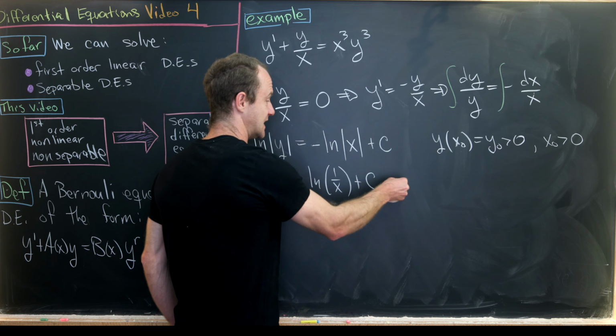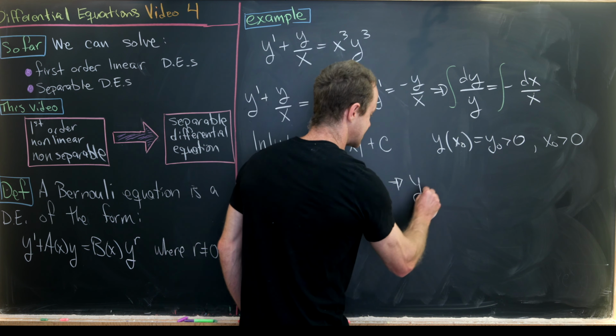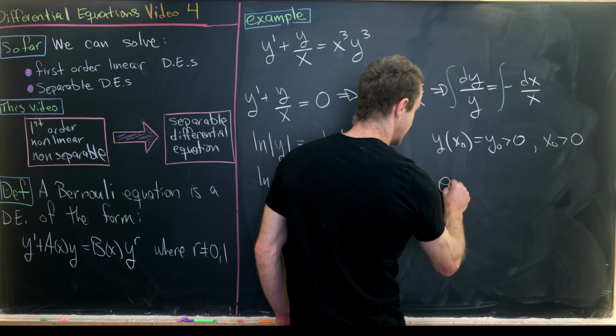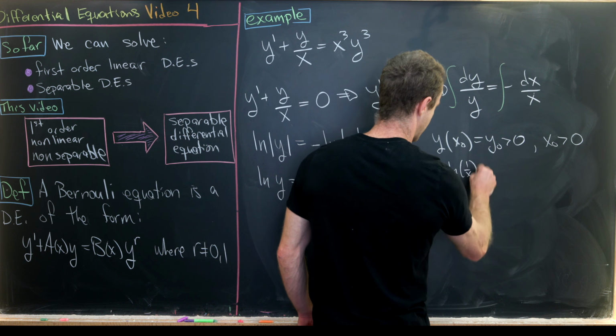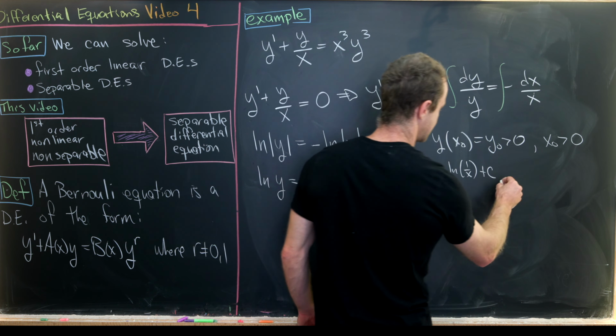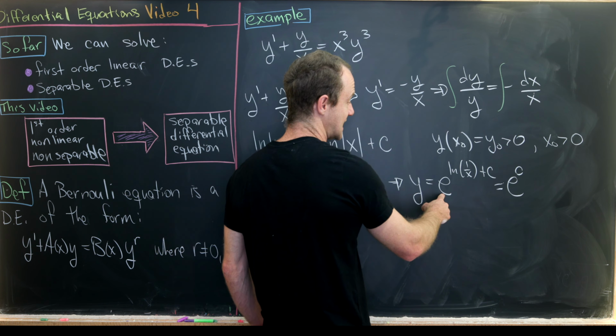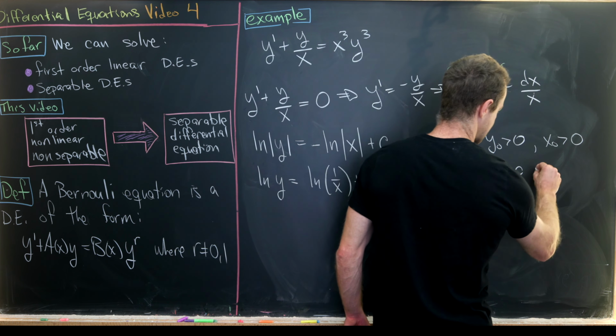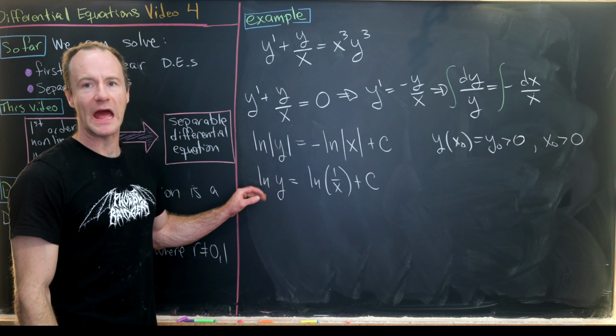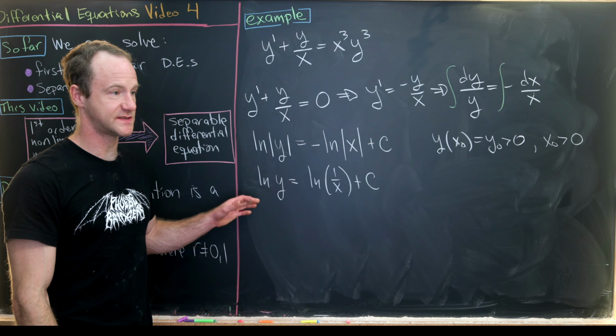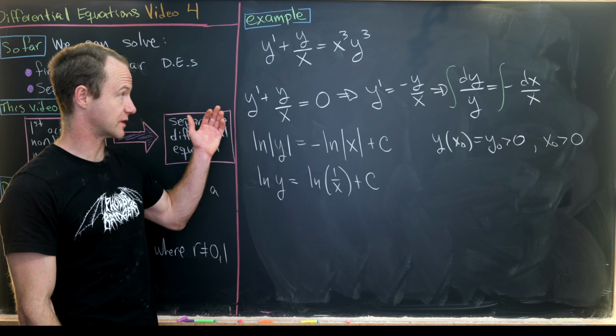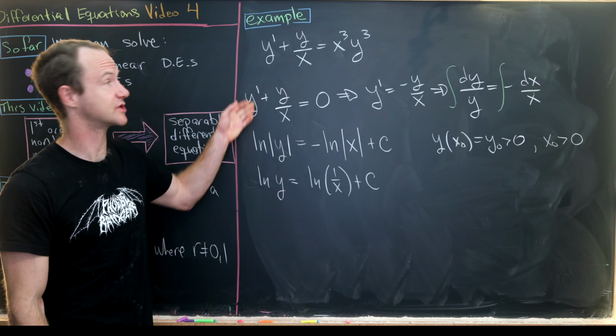Now we can exponentiate both sides, and that's going to leave us with y is equal to e to the natural log of 1 over x plus a constant, but that's the same thing as e to that constant times e to the natural log of 1 over x, but that'll just be 1 over x. And another simplification that we'll make, and this is allowed because we're not really trying to solve this associated differential equation.